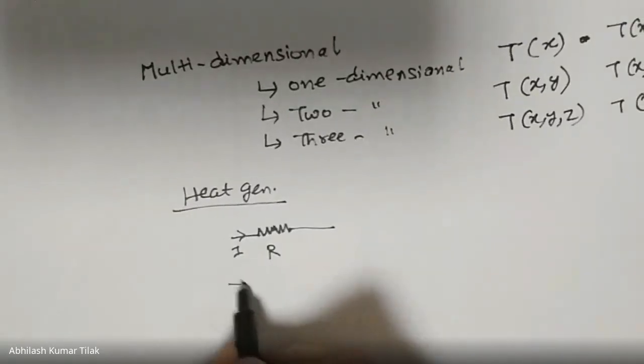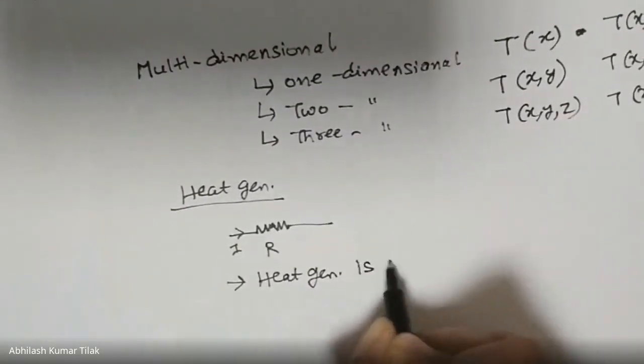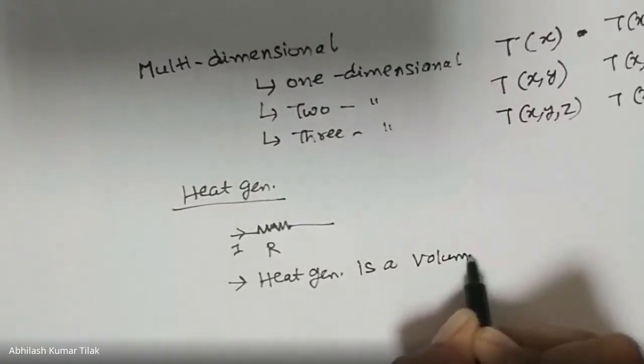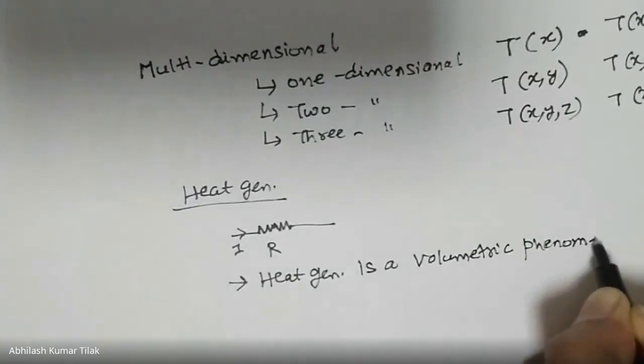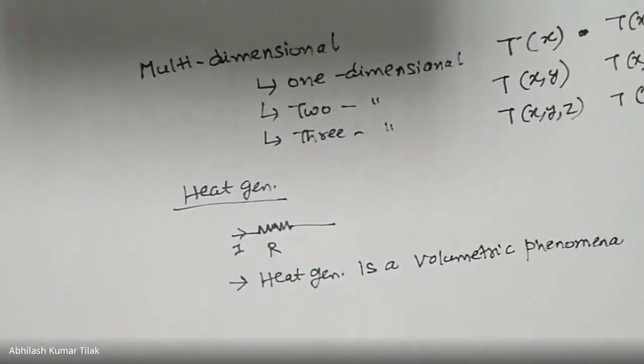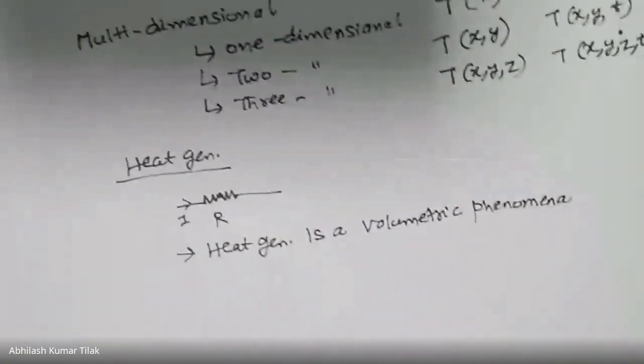Heat generation is a volumetric phenomenon, and it occurs throughout the body of the medium. So we define that the rate of heat generation in a medium is generally specified per unit volume.